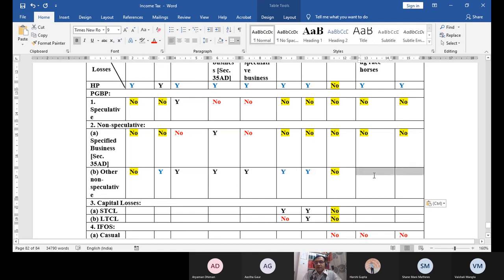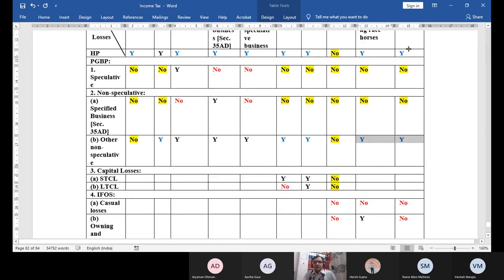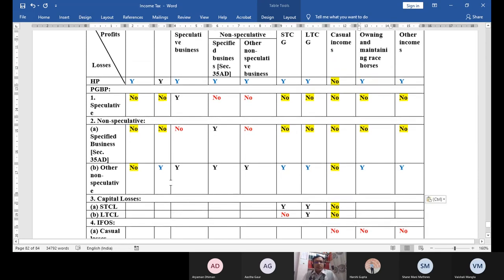It is allowed against other sources, owning and maintaining resources, and other incomes. Capital losses are not allowed under interhead adjustment. Neither short term nor long term. These are not allowed.